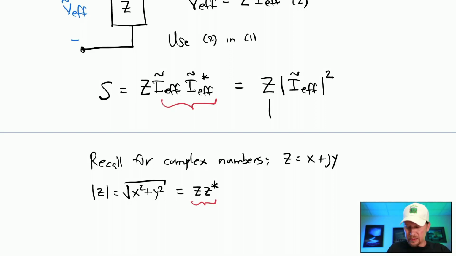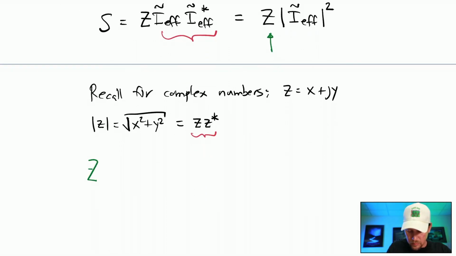We also know that this impedance right here can also be split into two parts. So this impedance has a resistive part plus j times a reactive part, right?